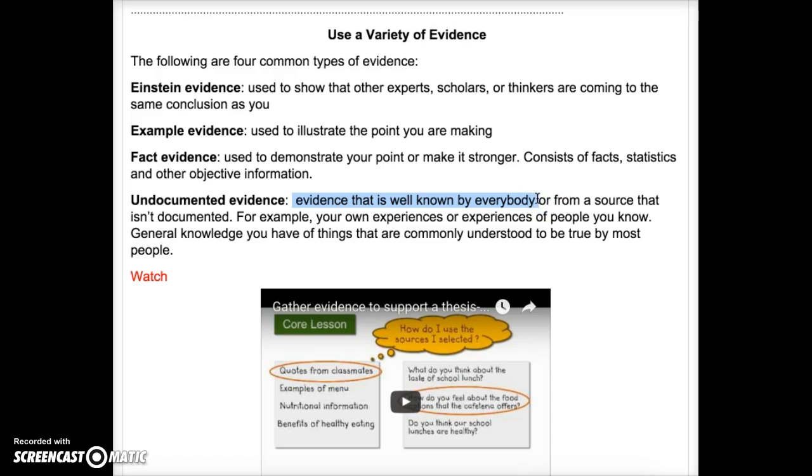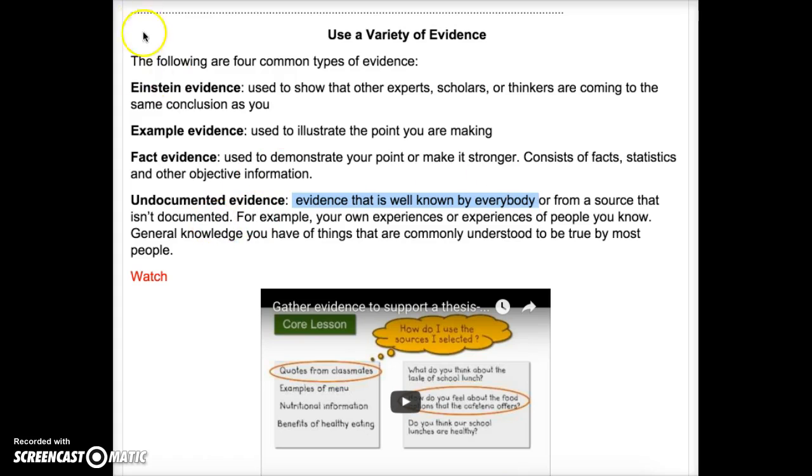So there are certain things that we know are true. The sky is blue, right? The ocean in Northern California is cold. These are just things that we know, and we don't need a source to be able to prove these things. So you don't have to cite all of the information in your paper, especially if it's a concept that's well known by everyone.